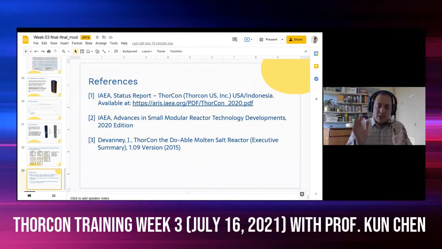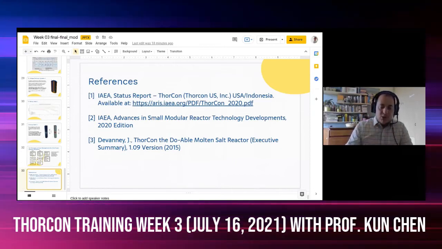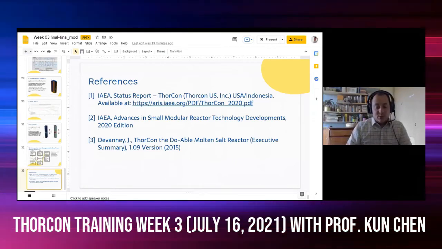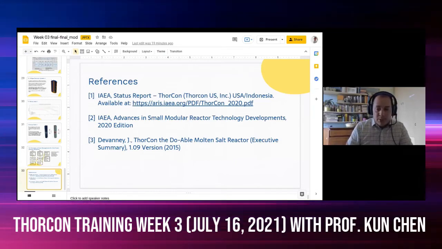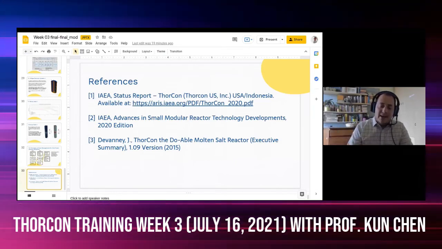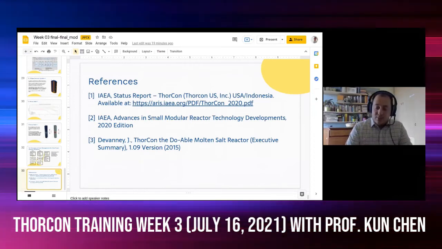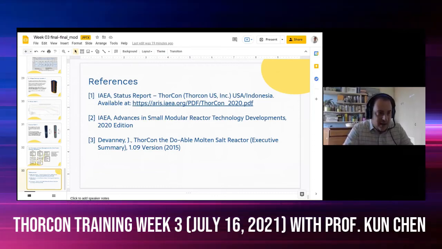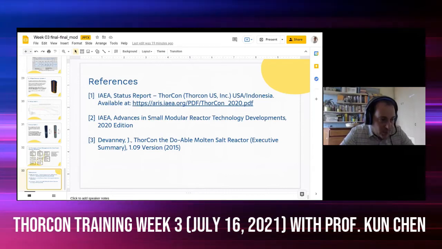We solve Monte Carlo neutron transport to find the power distribution. We use the thermohydraulics code to find the temperature distribution of the salt given that input power distribution, and we feed back the temperature and density distribution for the salt and the graphite, and then it's just a matter of iterating. Let me know if this answers the question while I move to the second one.